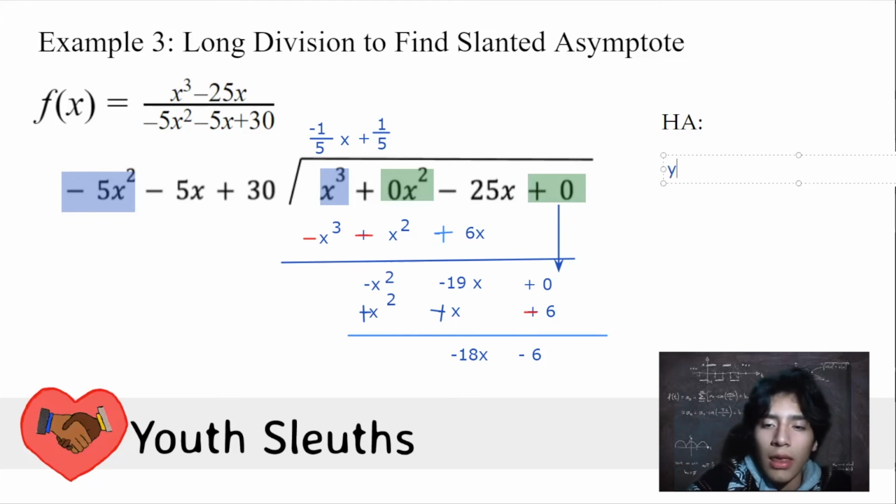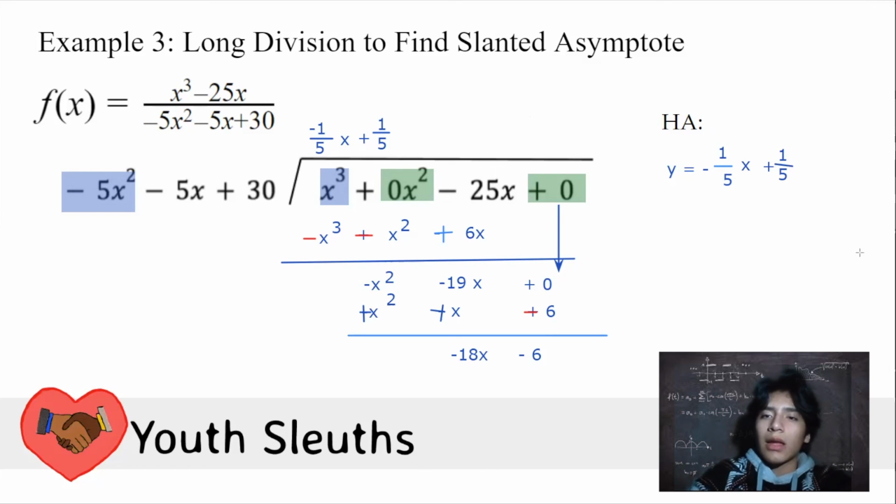So that means that our slanted asymptote is -1/5 x plus 1, and that is our slanted asymptote.